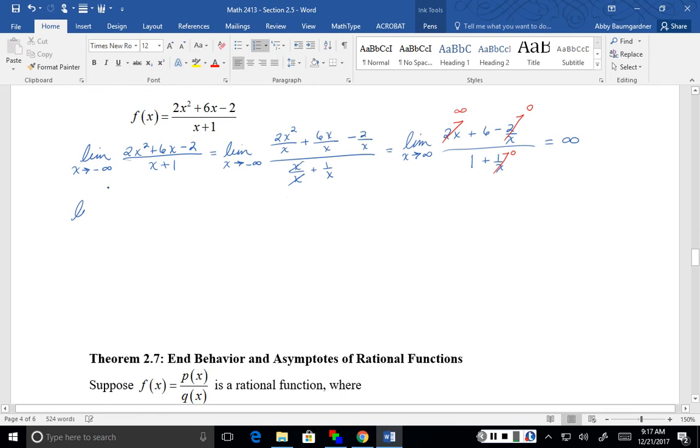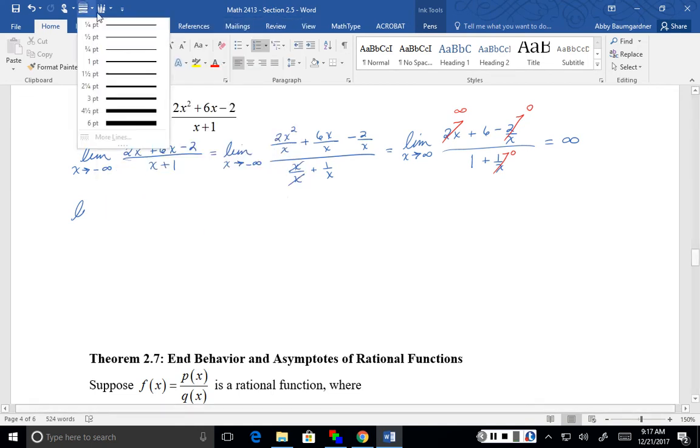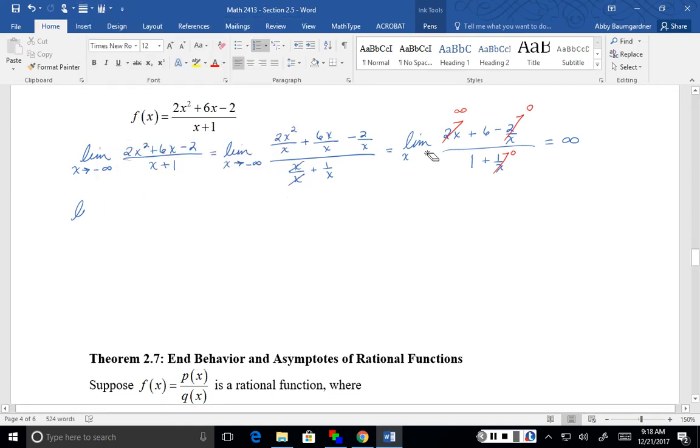All right, so, oh, but it's a negative, isn't it? Oh, let me go back. I lost my negative sign right here. I hate when that happens. Okay.